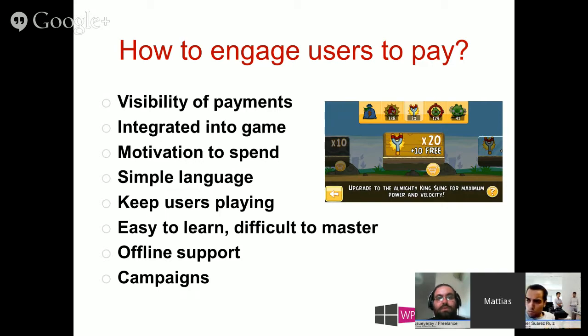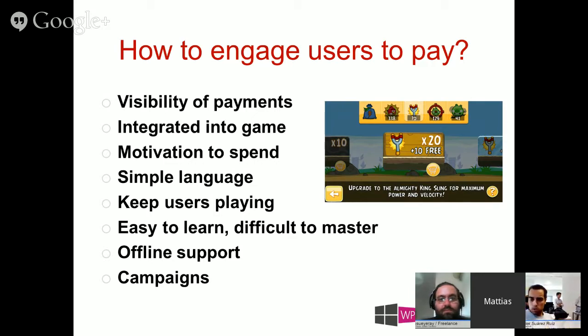Motivation to spend. If the user doesn't see the need to pay for the game, and it's very easy to beat the game without paying, or for example, if it's a utility app and you're giving away pretty much everything for free, and the part of the app that you're charging money for isn't that valuable to the users, then they're not going to be spending money on it.